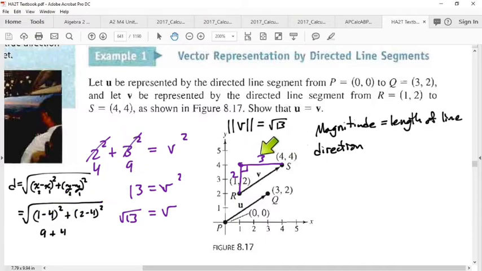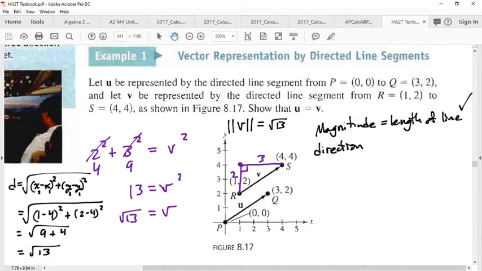You remember this 3 that we got? But how did we get this 3 if you drew this triangle? You probably just counted, right? You probably didn't subtract the x values. And if you did, that's awesome. That's exactly what the distance formula does. Then we do the same thing with the y values, and that's this 2, the rise. Then we get a square root, so we get the square root of 13. So we can see that the magnitude checks out. The magnitude is equal.